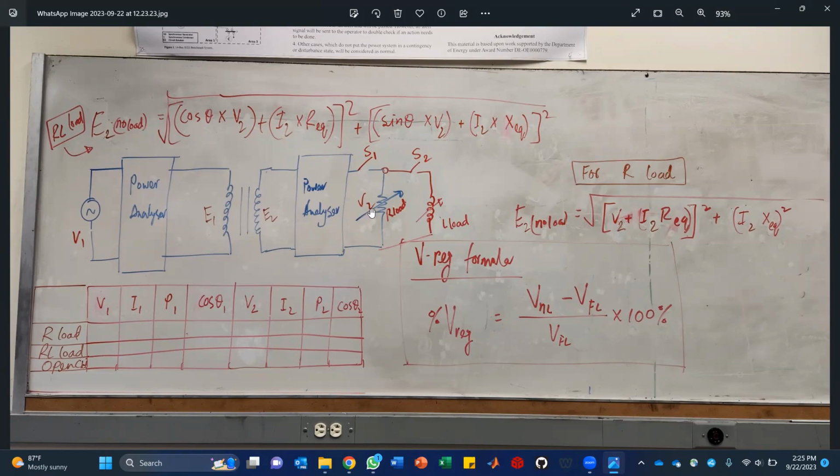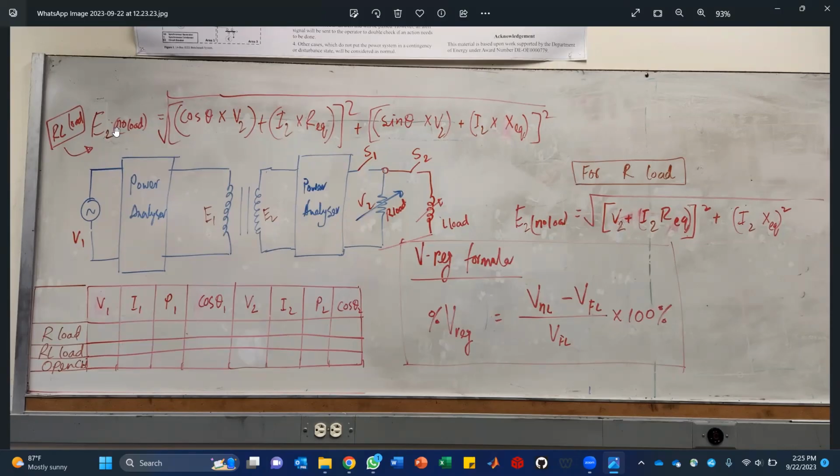And we'd like to see for R load what is the voltage regulation using this formula. And secondly, also for RL load, we'll use this formula to calculate voltage regulation for RL load. So for open circuit, we can directly calculate V2, and that will be E2, definitely.